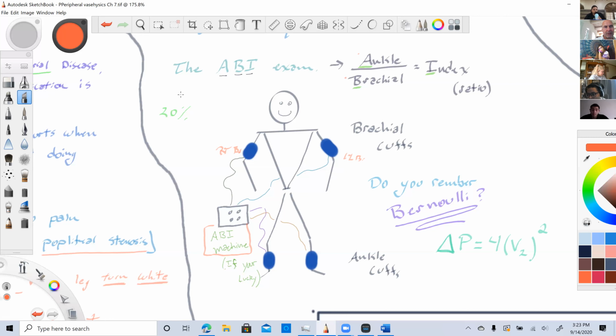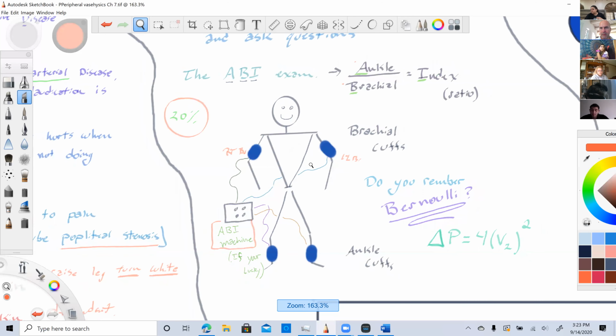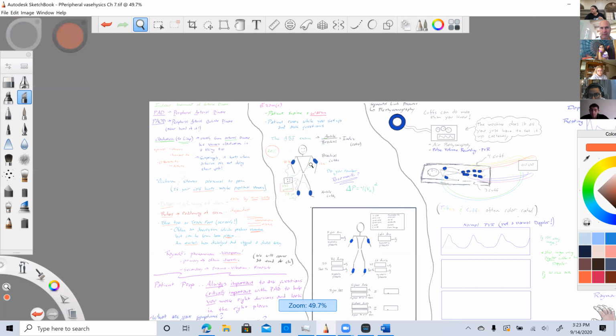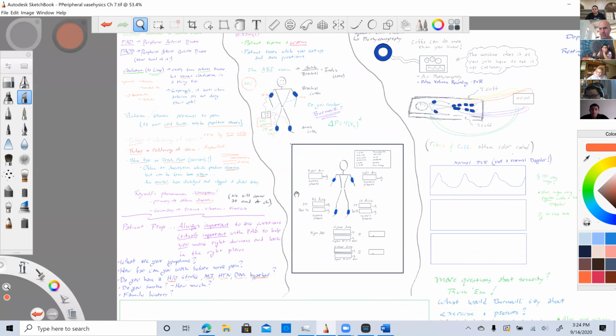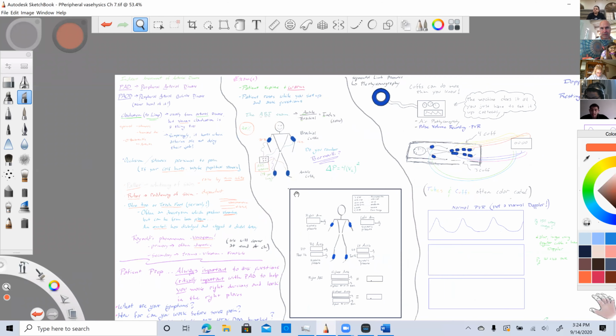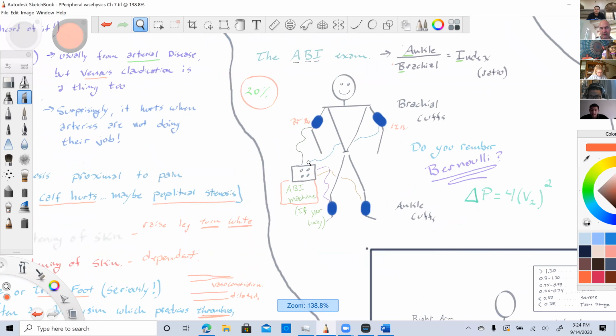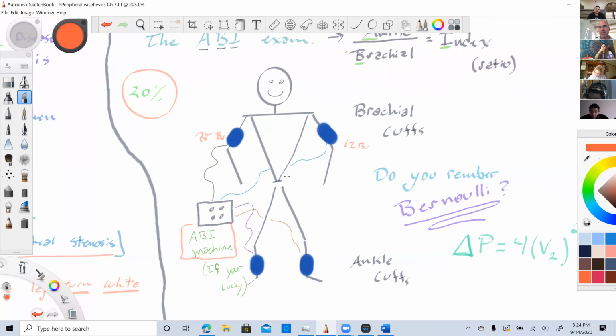I wrote 20% down here as a little reminder. When you put cuffs on, the width of the cuff should be, in other words, all right, here, let's just draw. There's our cuff rolled out.